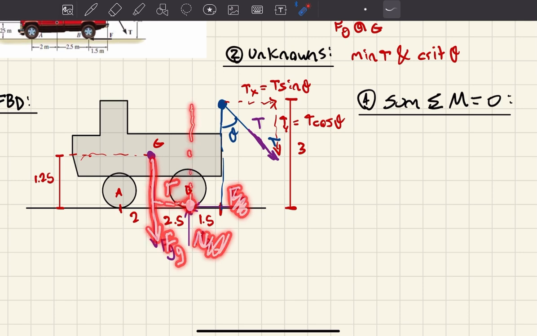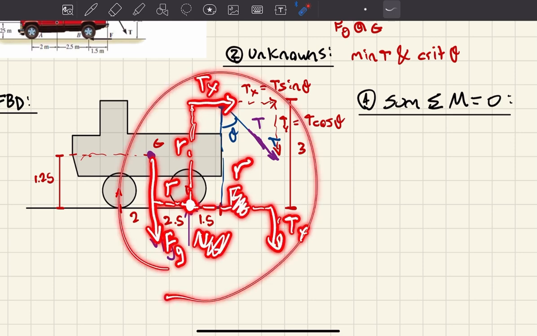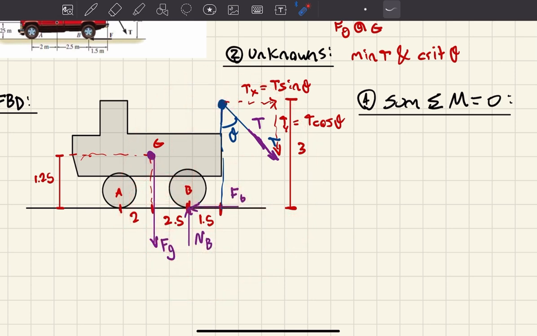I will also take TX, and this is my R. And then I will also take TY, and this is my R. This looks like a bit of a mess, but long story short, I only have 3 forces to deal with, and I know one of them. So beautiful stuff. We're going to take the moment about point B.